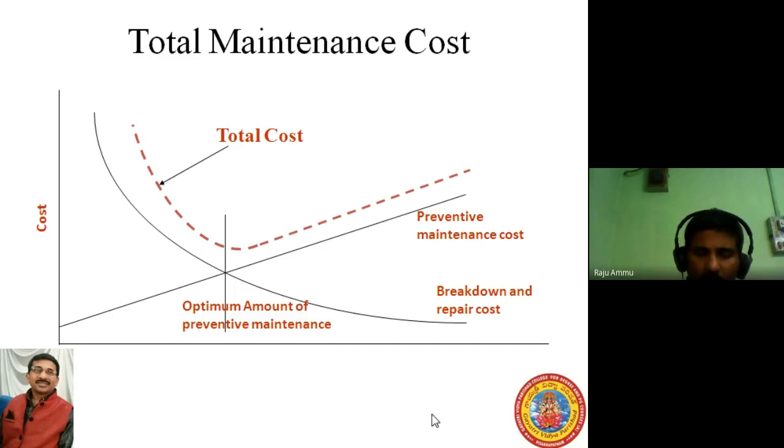One set of people say you should go for preventive maintenance. For example, if you start at the beginning of the year, the first month maintenance may cost you 100 rupees.